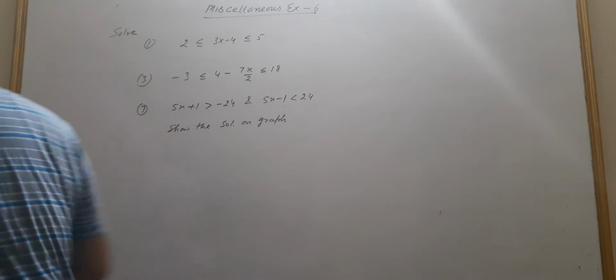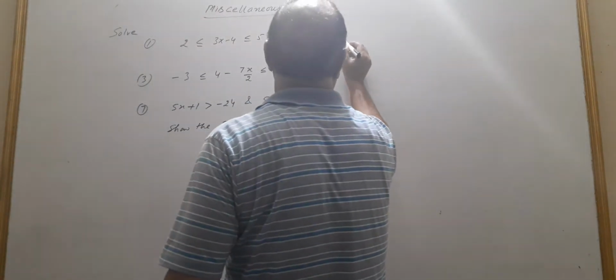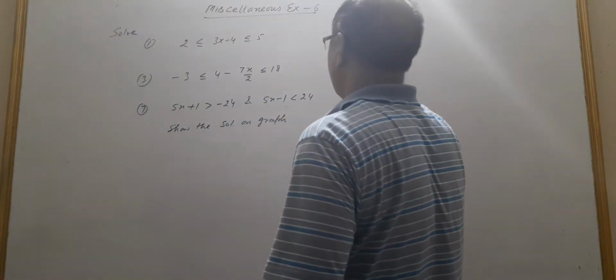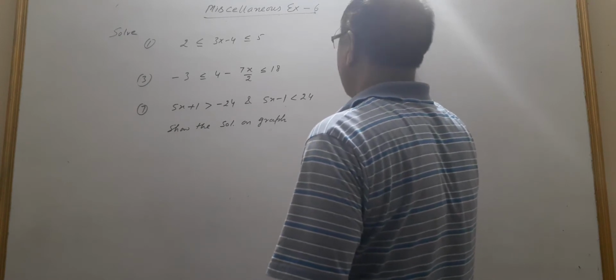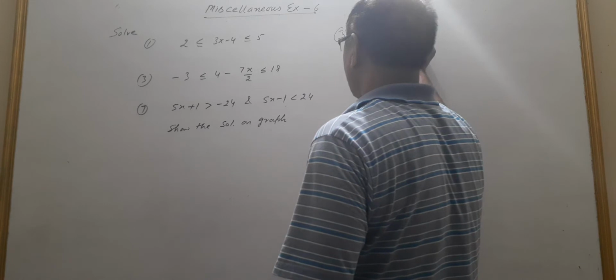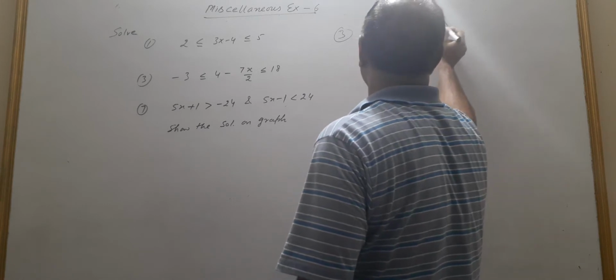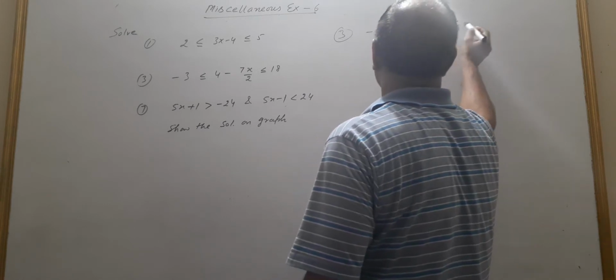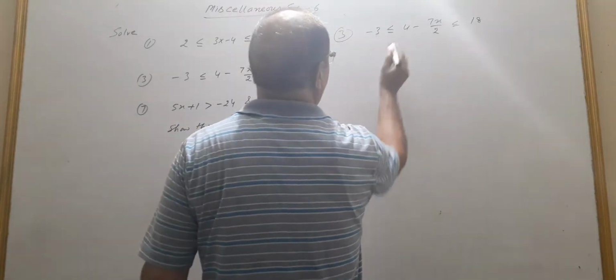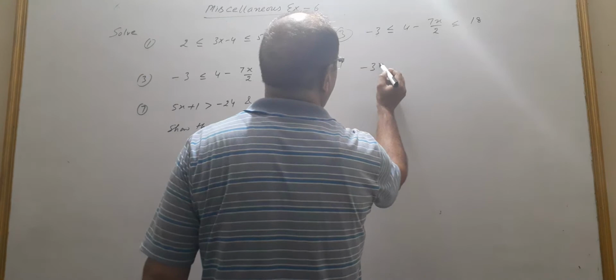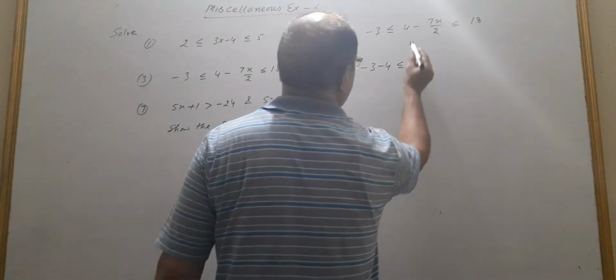Then next, in question number 3, here is minus 3 is less than or equal to 4 minus 7x by 2 is less than or equal to 18. Here, first of all, I will subtract 4 on all the sides.